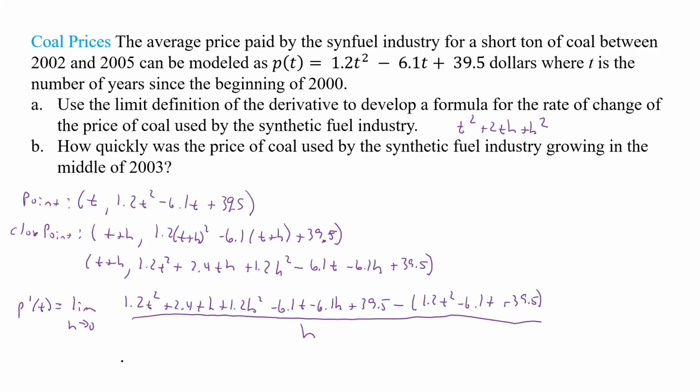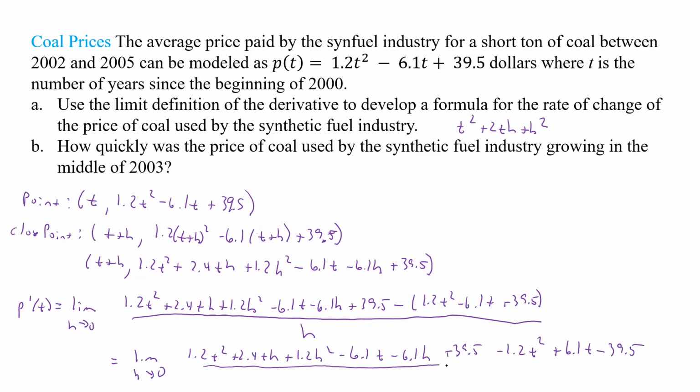Okay, so let's see if we can fit this in here. Limit as h goes to 0 of 1.2 t squared plus 2.4 th plus 1.2 h squared minus 6.1 t minus 6.1 h plus 39.5 minus 1.2 t squared plus 6.1 t minus 39.5. And we see if we can get all this over h.